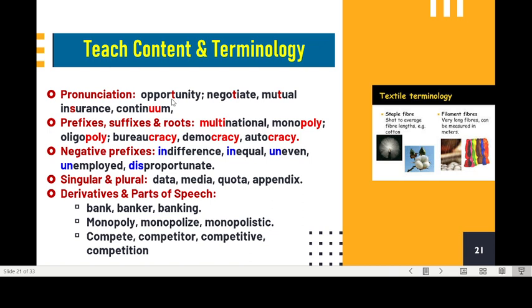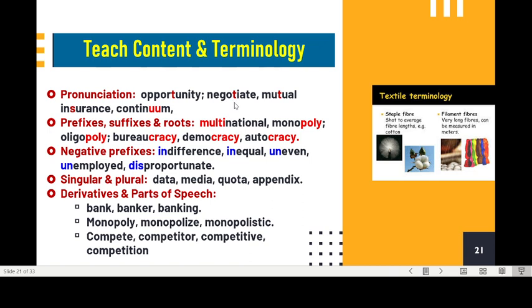Words are spelled one way and they are pronounced another way. When we teach words like opportunity, negotiate, mutual, insurance, continuum, we have to teach the students how this T is pronounced. In opportunity, it is pronounced cha.